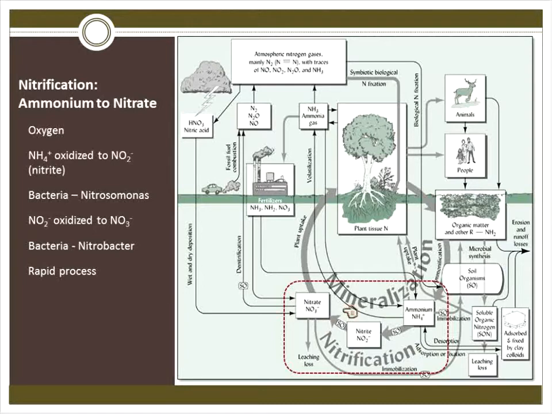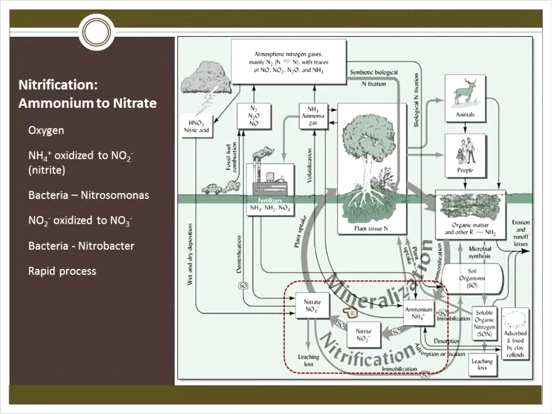So ammonium is oxidized to nitrite through a bacteria that needs aerobic conditions. So it has to be an oxygenated system. These bacteria are referred to as Nitrosomonas. This nitrite, NO2, is oxidized to nitrate.